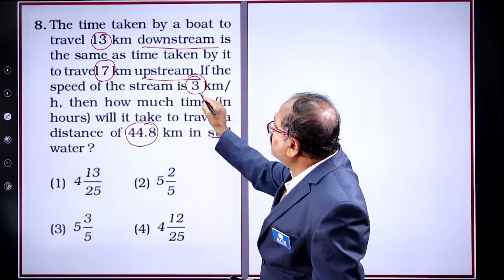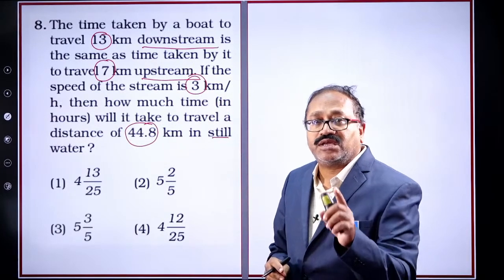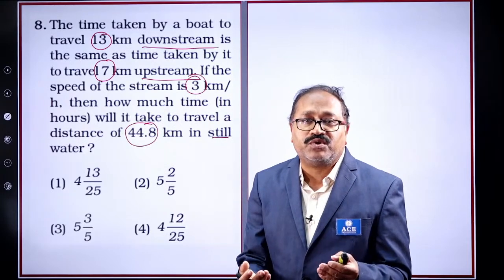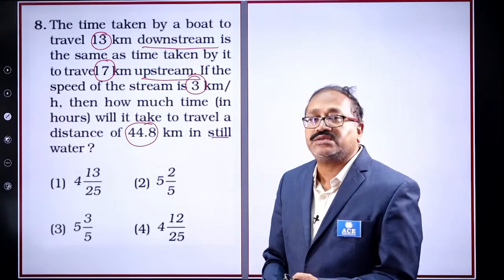So here, did you see that the speed of the stream is given? Please watch it. You will never ever get these methods in any of the books. So please watch and share this one.